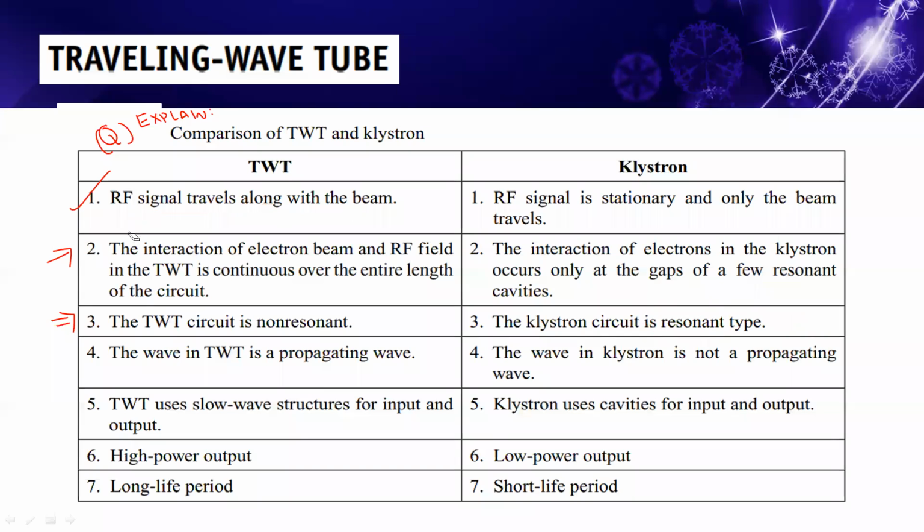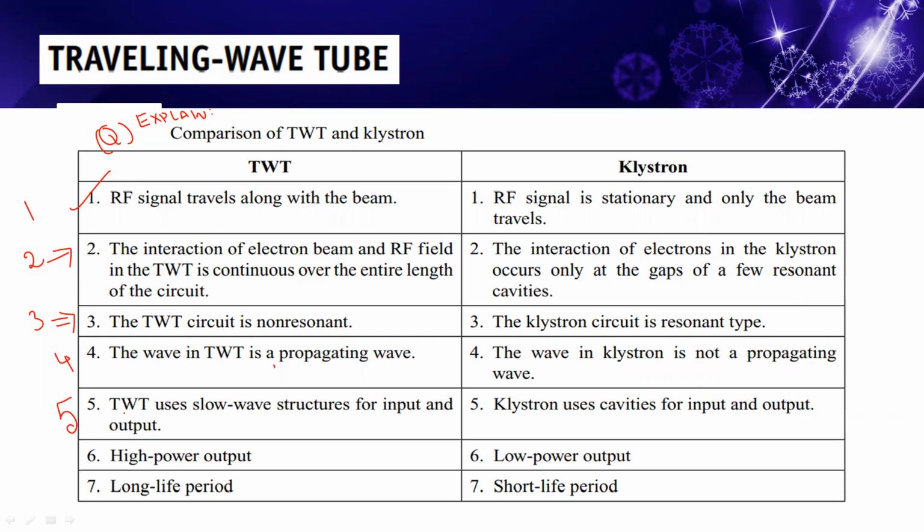Point number 4: in the traveling wave tube, wave propagation occurs, whereas in the klystron there is no wave propagation; only the electron velocity modulation is converted into current modulation. So that is point number 4.